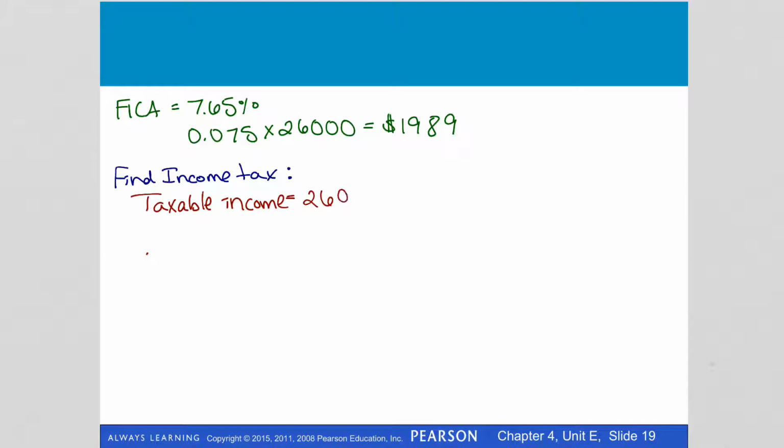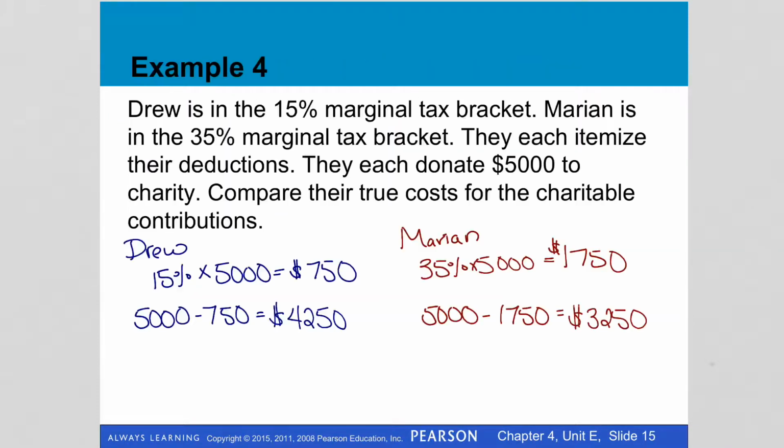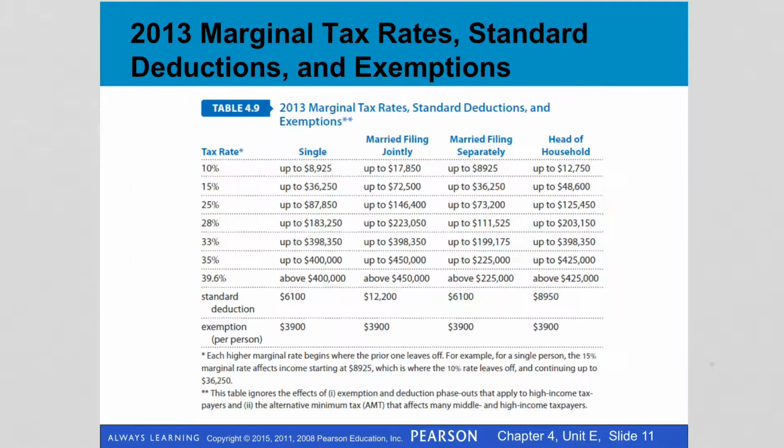She made $26,000, and if you look back at that table, back here somewhere, she's single. It's up to $26,000. So that would be here. So she's in the 15% bracket, and she gets I'm going to stop here because this is wrong.